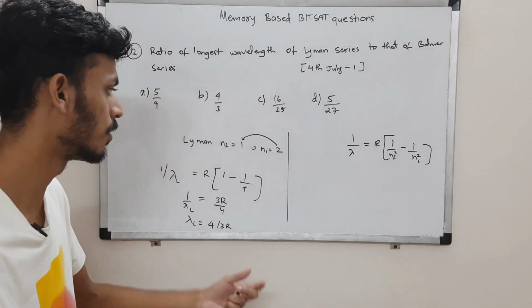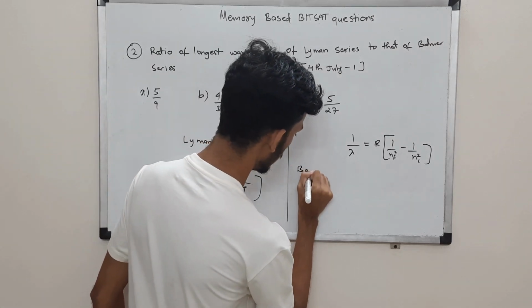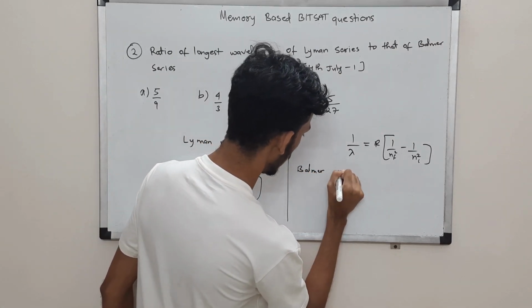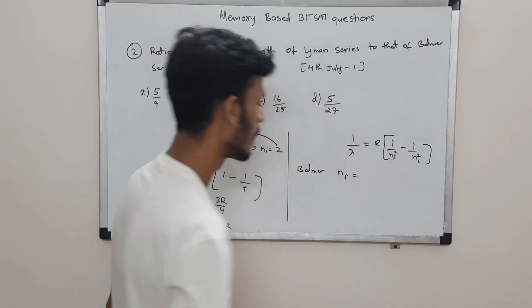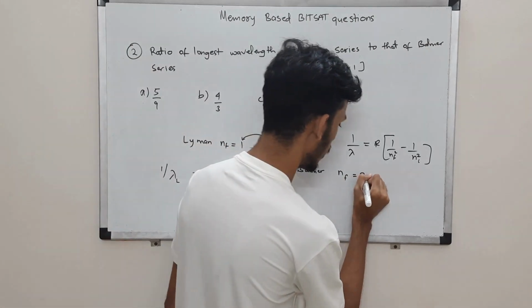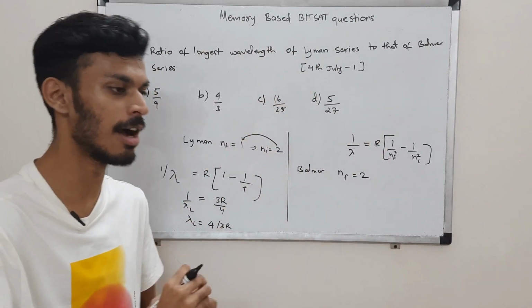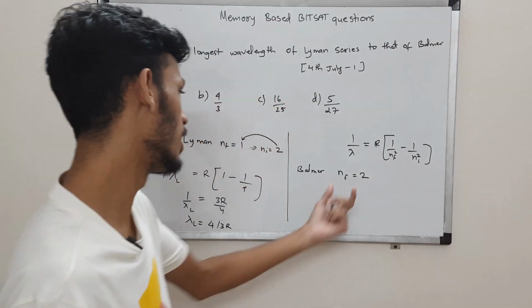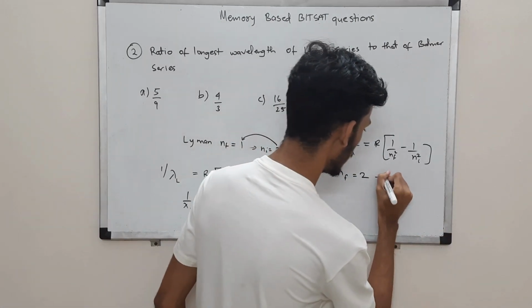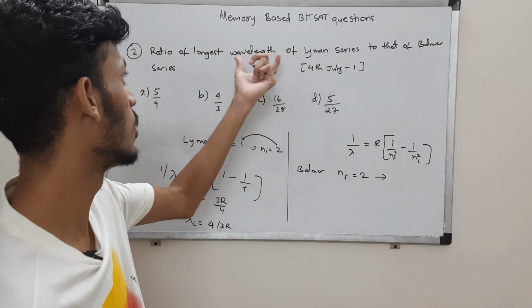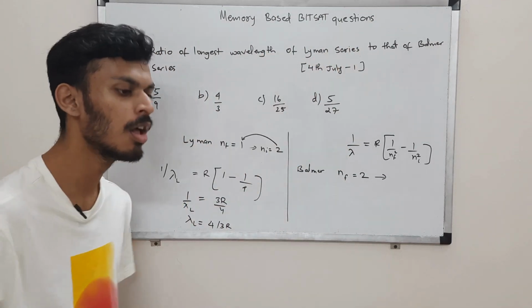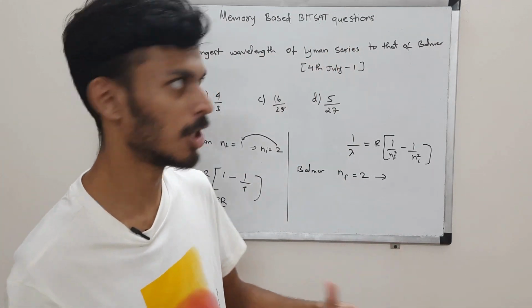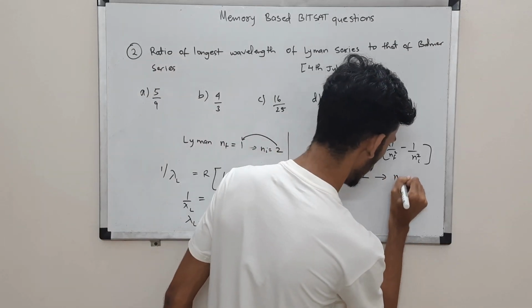Now similarly, we have to discuss it for the Balmer series. The only change over here is that n final will be 2. For a Balmer series, basically all the transitions end up at 2. So n final will be 2 in this case, and n initial, again it's for the longest wavelength of the Balmer series. Now longest wavelength corresponds to shortest transition, so n initial will be 3.